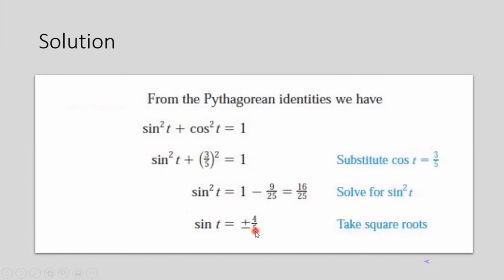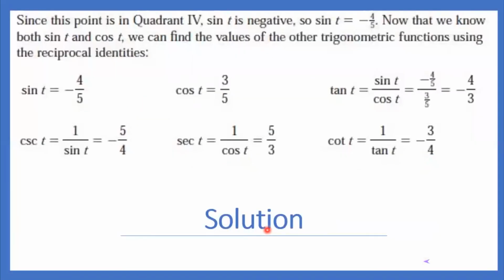Am I correct? So we have two values of sine t: positive 4 over 5 and negative 4 over 5. But the problem is, since the point t is in quadrant 4, therefore sine t is negative.